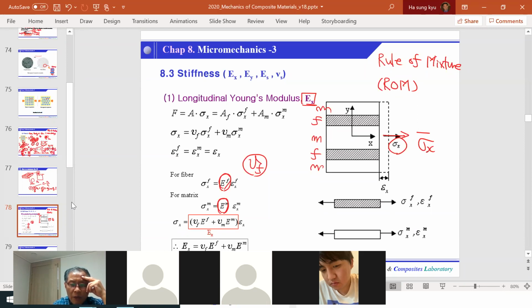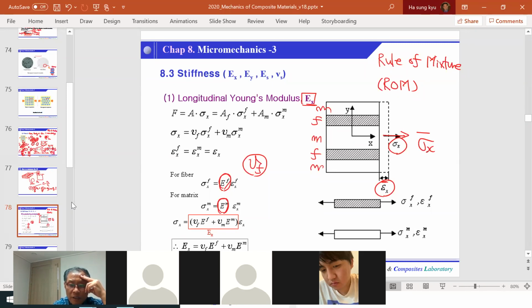Now, what we would like to have is the stiffness. For that purpose, we need to define the strain in extension, epsilon x bar. That is the symbol we use to indicate the strain in the fiber direction.